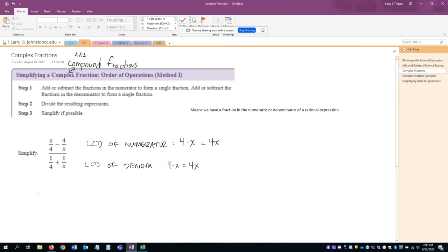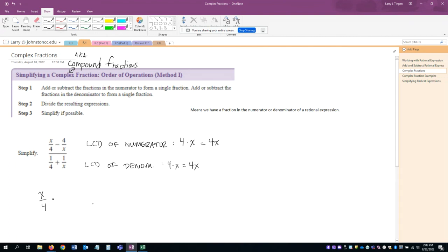So what do I need to do? I'm looking at x over 4 minus 4 over x. I have 4, I want 4x, so I'm going to multiply by x over x. I have a denominator of x, I would like a denominator of 4x, so I need to multiply that by 4 over 4.